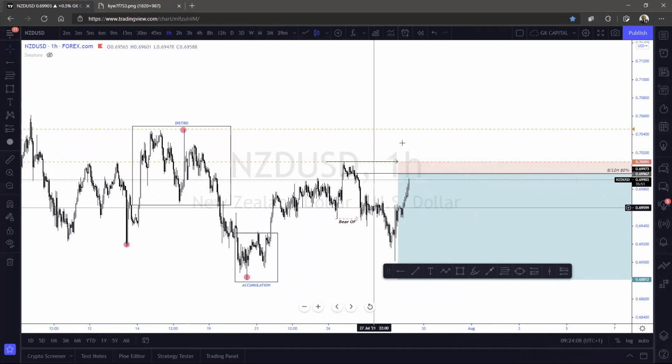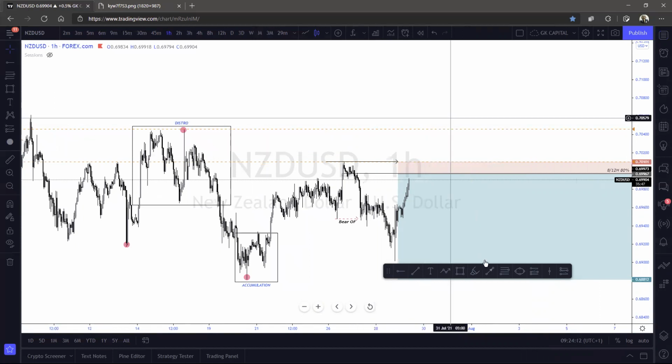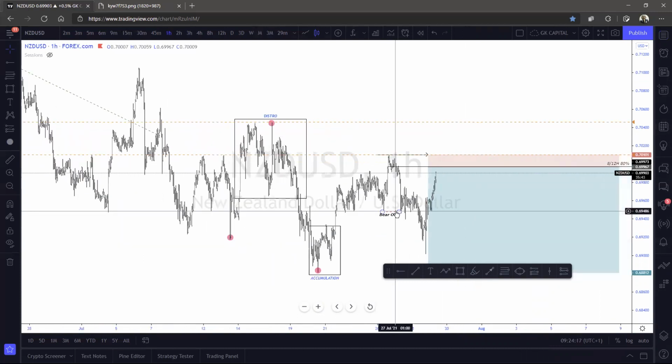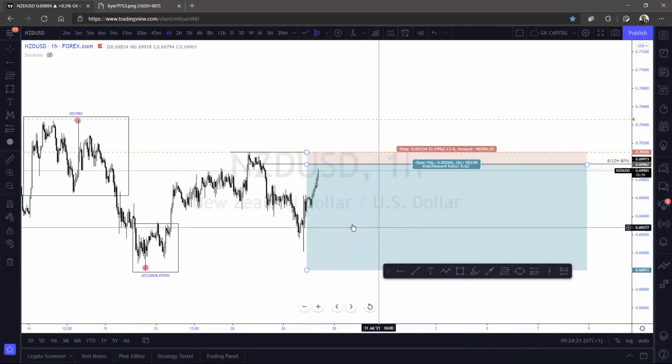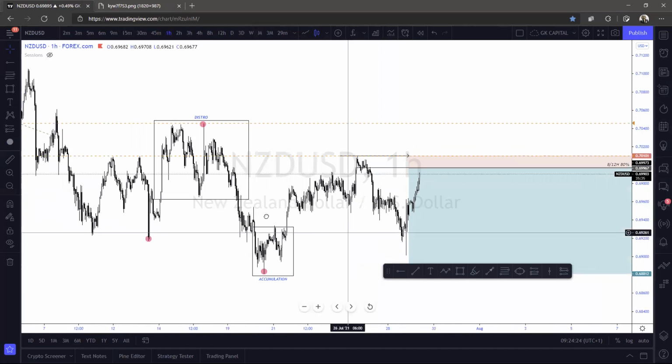Okay. Once we're pushing above that high, we could be looking for price to come back up into here and mitigate some sort. Okay, just have to wait and see on that one.